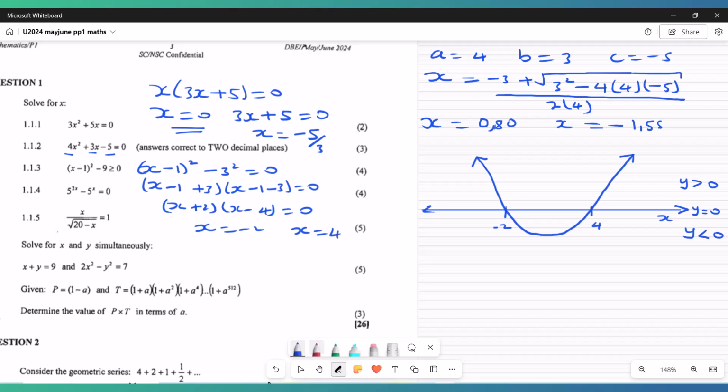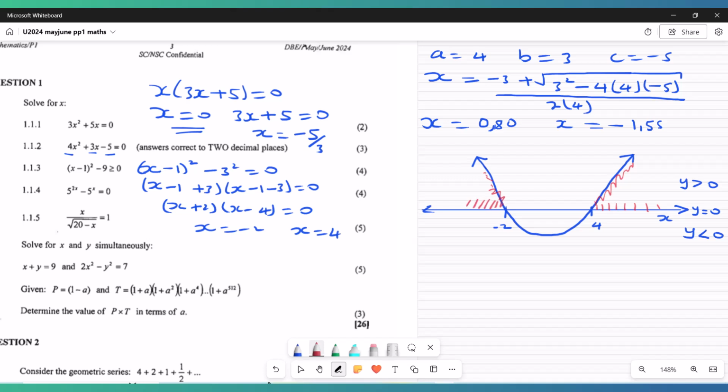This portion which I'm putting in red, what are the corresponding x values? They are these ones, starting from 4 going this side, and that's when it is above the x-axis. Also on this other side of the parabola, it is also above the x-axis. So these x values are the ones we are looking for in this question.